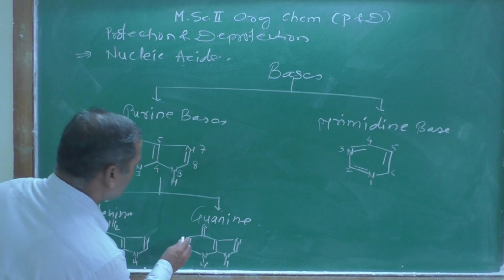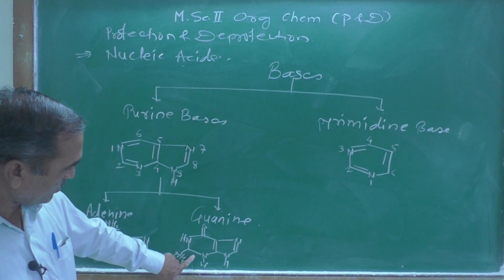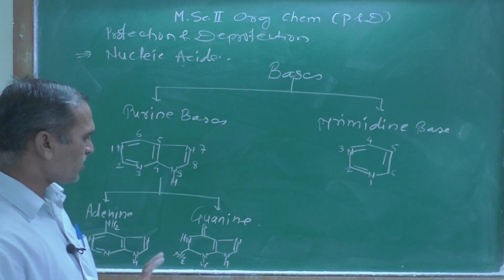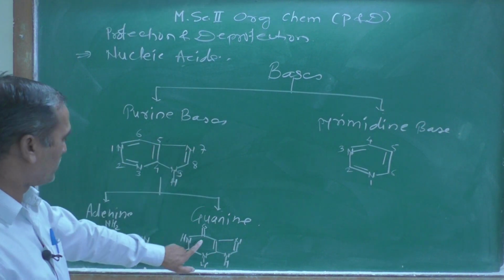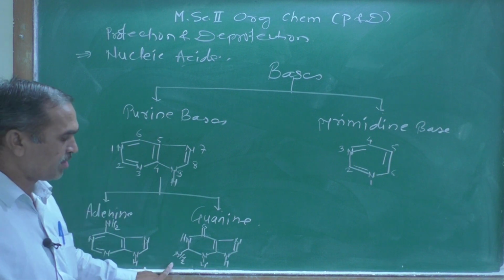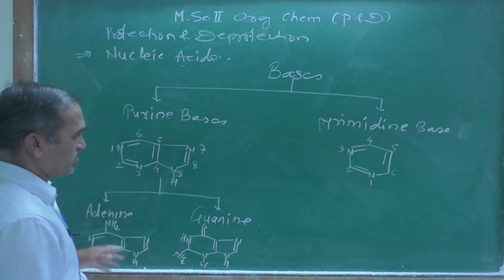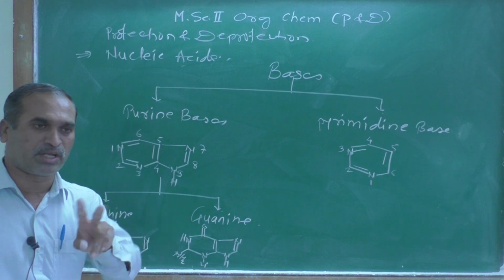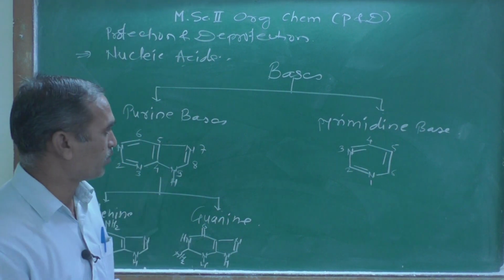This is the structure of guanine. Look, only the basic skeleton remains as it is. Carbonyl group at 6 position, and at 2 position there is an NH2 group, that is the change. So this is about the purine bases. Purine has this structure, and it is further divided into 2 types, adenine and guanine.